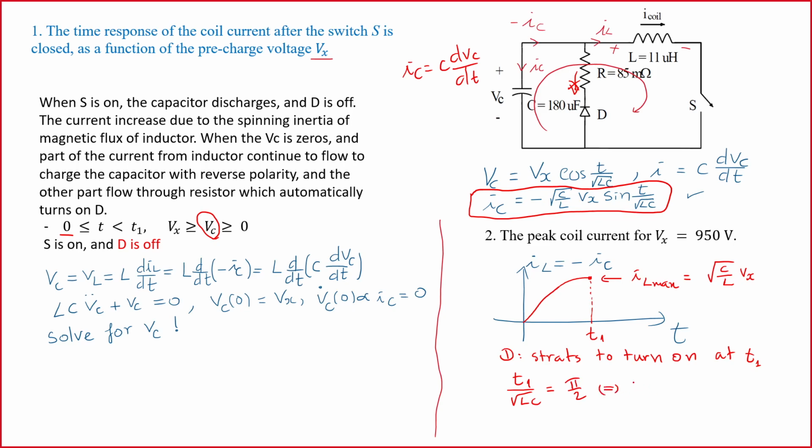So you can have T1 equal to pi over 2 times square root of LC.